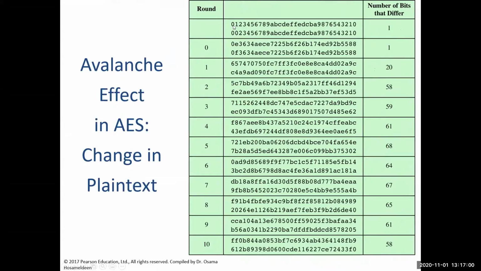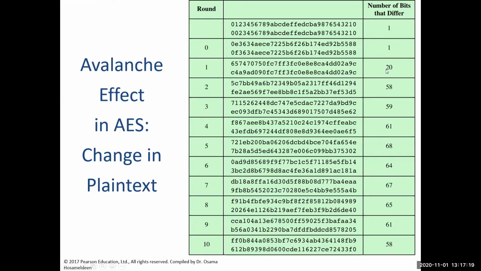For example, this is 0000 and this is 0000. I changed it to 0000 and 0001. I changed one bit only. One bit is changed. So the difference here is one bit.